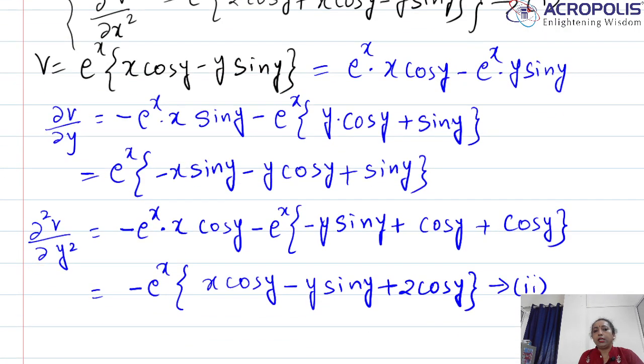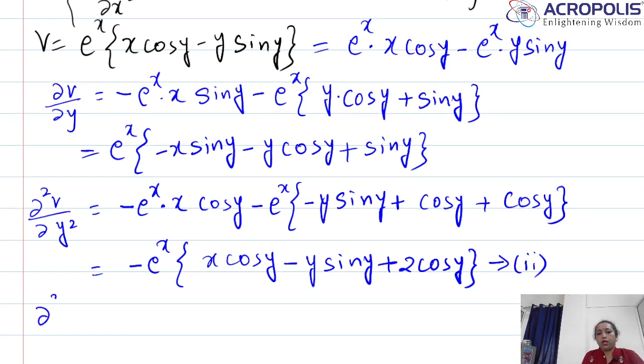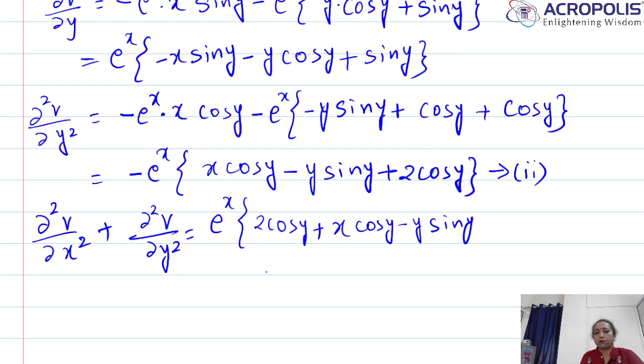If I am adding equation number 1 and equation number 2, so del 2v by del x square plus del 2v by del y square is equal to e to the power x as a common factor, so it is (2 cos y plus x cos y minus y sin y), and the second factor will become (minus x cos y plus y sin y and minus 2 cos y).